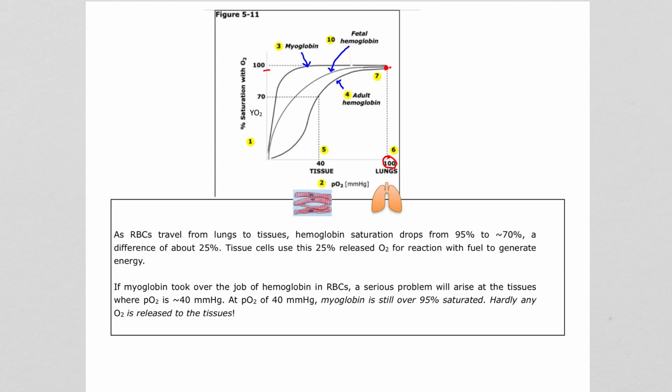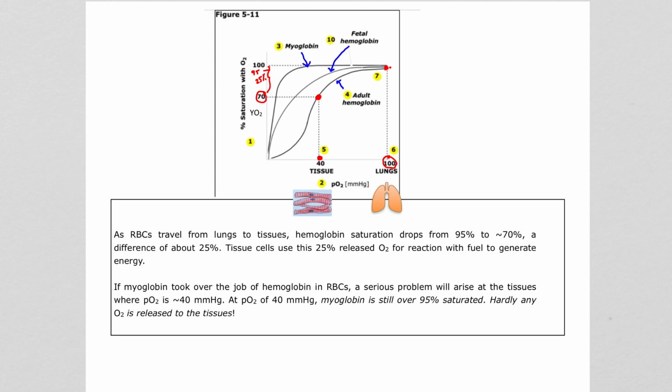Let's say 95. And when the red blood cells reach the tissues, where the PO2 is only 40 millimeters mercury, if you look at this point here, the saturation is only about 70%. So that's a difference of about 25%.